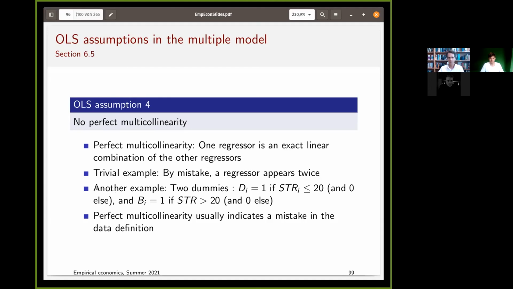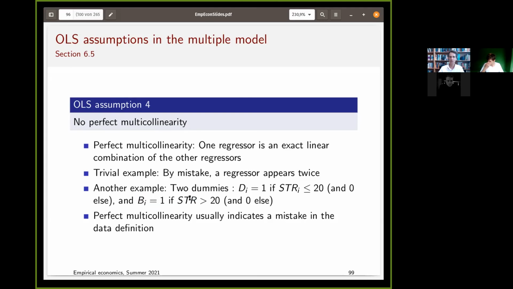The second trivial example: you introduce two dummy variables which in a way measure the same thing, or which incorporate the same information. For instance, you can define a dummy variable di, as we did last week, which is 1 if the class size is small and 0 if it's not small. And then you could define a second dummy variable, which is 1 if the class size is large and 0 in the other cases.